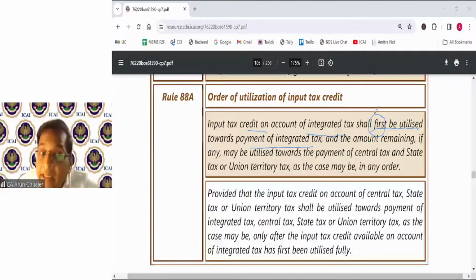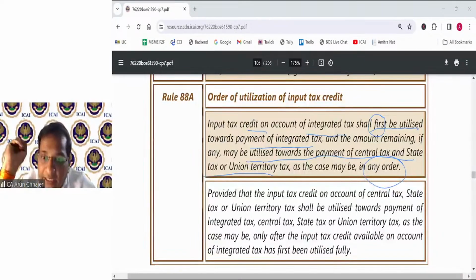And if any amount remains, meaning ITC of IGST, then it may be utilized toward the payment of C and S in any order. So it has given only the order. The order means that instead of first giving to C, I can give to S or vice versa. But they have not used the word proportion. So how would the proportion come?